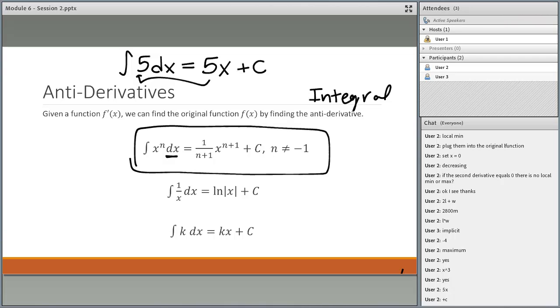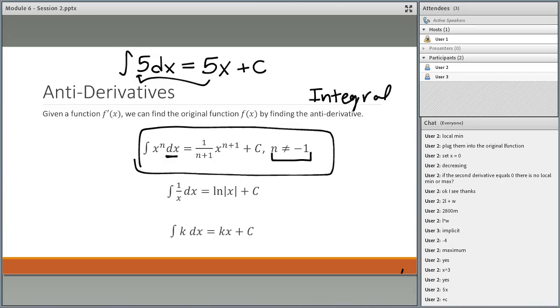So instead of multiplying the exponent in the front, I'm going to divide the exponent. And I'm going to add 1 back to the exponent. Because I'm trying to undo the derivative, and the derivative moved the number to the front and subtracted 1. So now I'm going to divide the number in the front and add 1 back to the exponent.